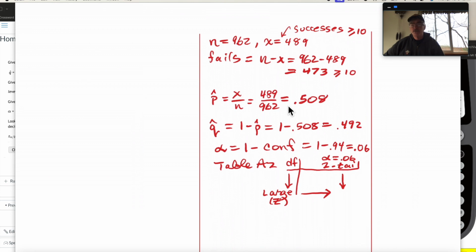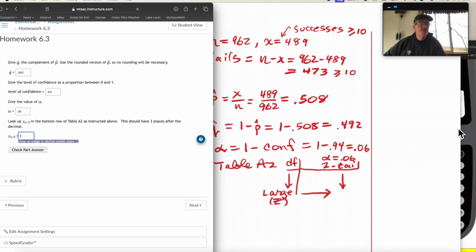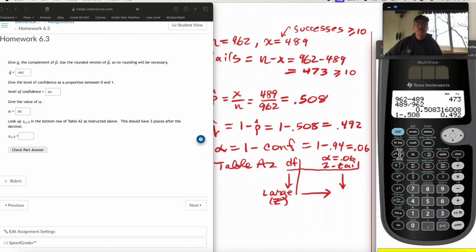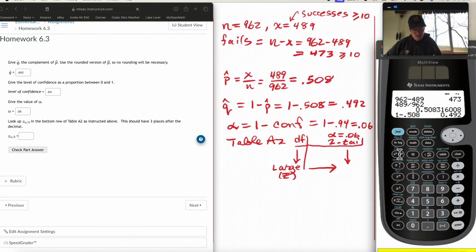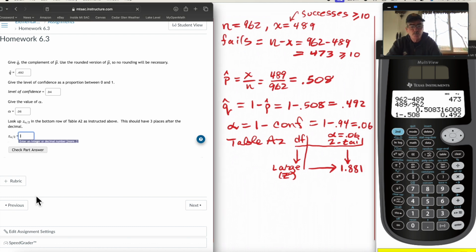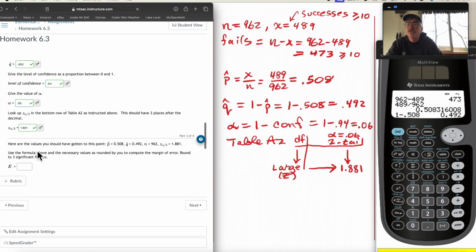Okay, so let's put this all back. Okay, so let's put that in over here. 1.881. Check getting everything, fingers crossed. It's all good.